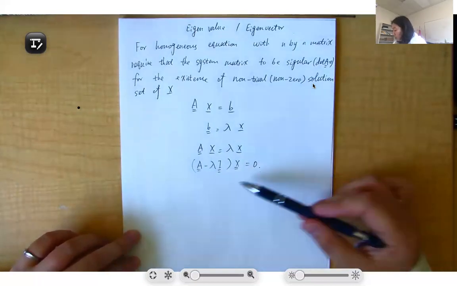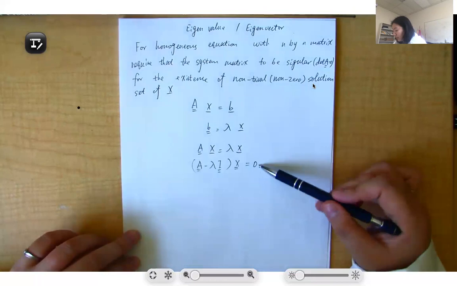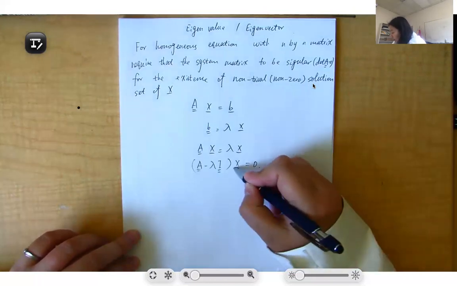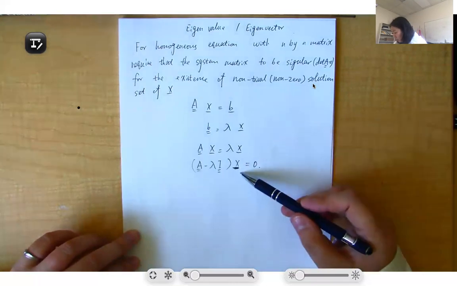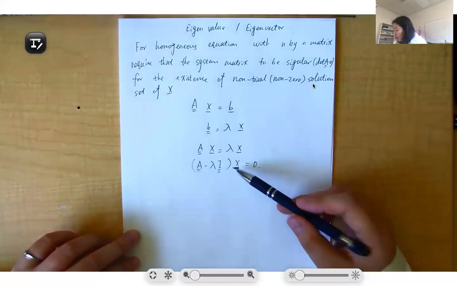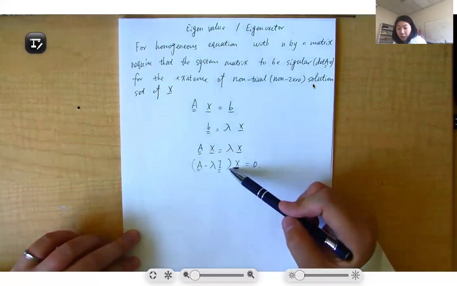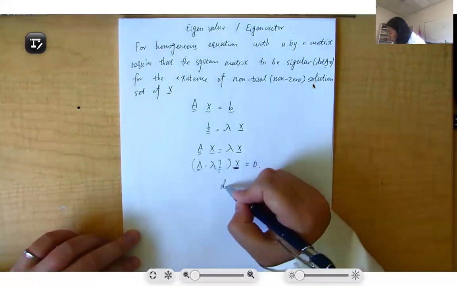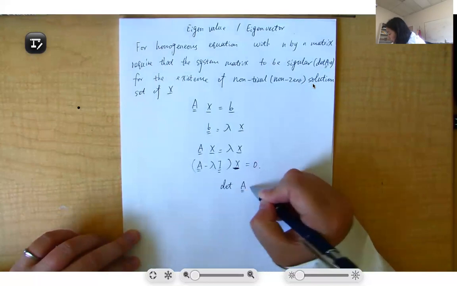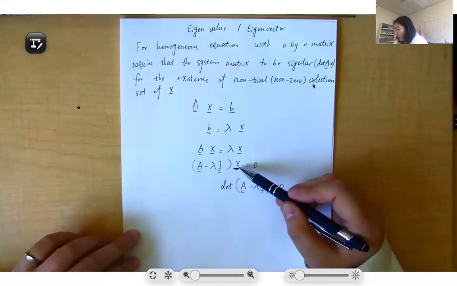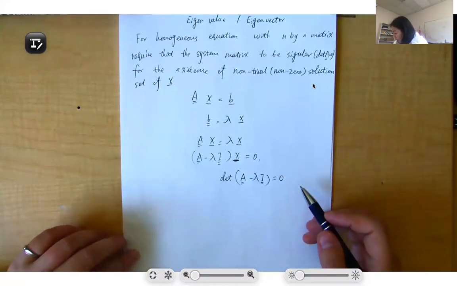In order to have a non-zero solution x, you need this part to be singular. So the determinant of A minus lambda I has to be 0 in order for x to have non-zero solutions.